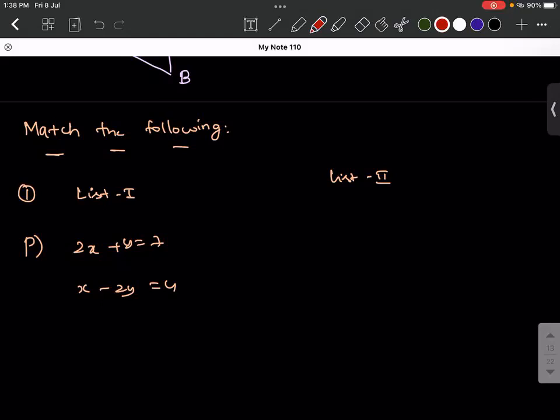Q is 4. x1 is 0 and 4 minus 0. That's right. R doesn't have a constant. So 0 to 1. Look at the options.